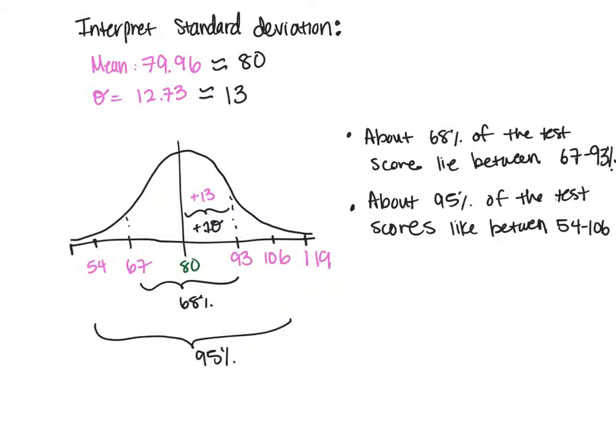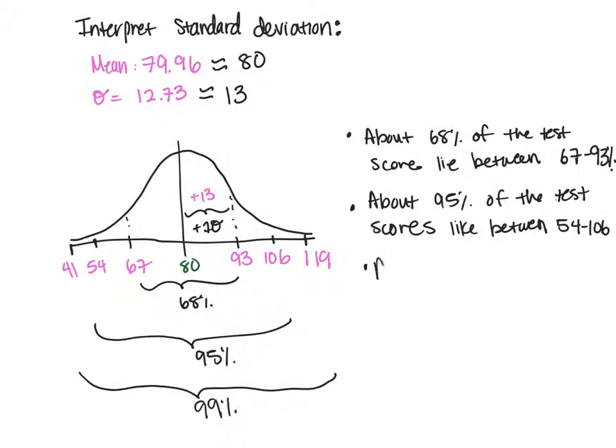So the other side here, if I were to subtract 13 from 54, let me erase that right there. So that would give me 41. And so if I want to know the range for the 99%, 3 standard deviations would give me 99% of the data covered here.